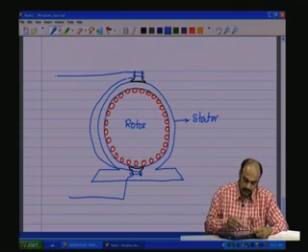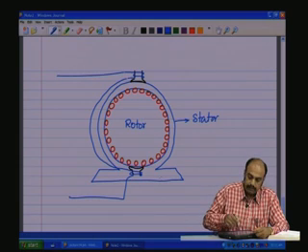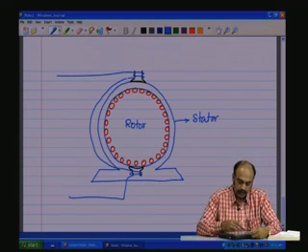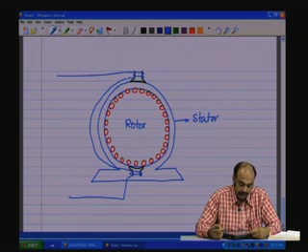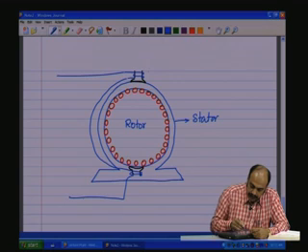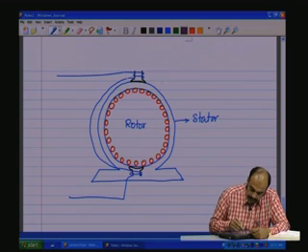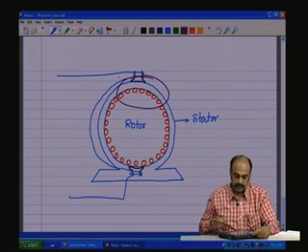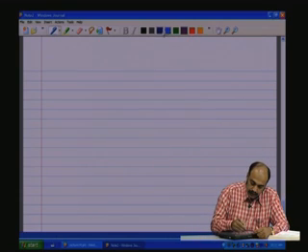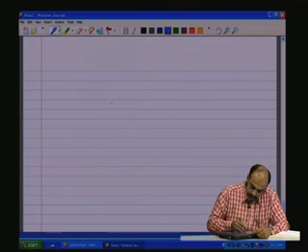Like that there are many poles around which the stator coils are wound, and we have the field which is getting generated. Now, let us look at a segment of this induction motor.